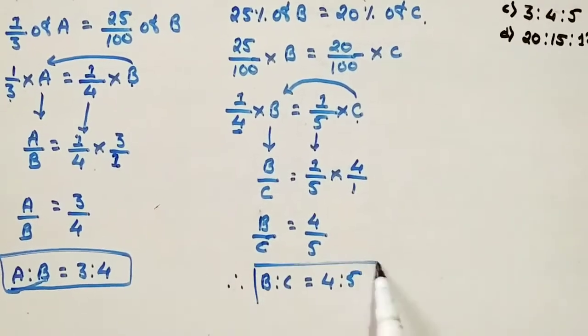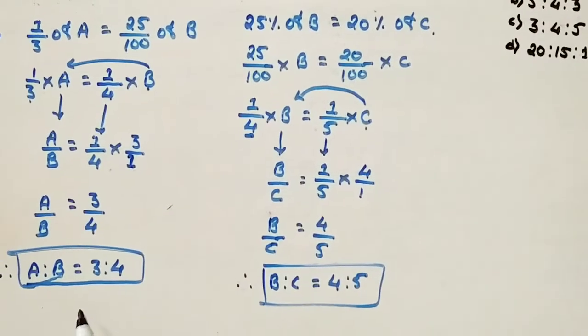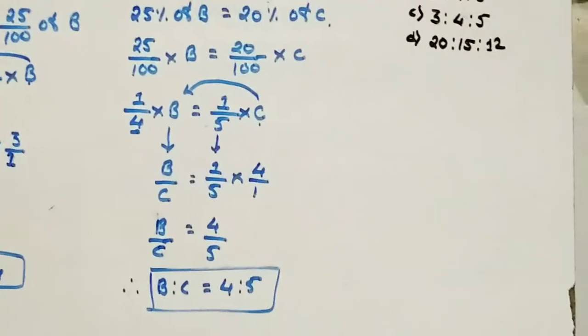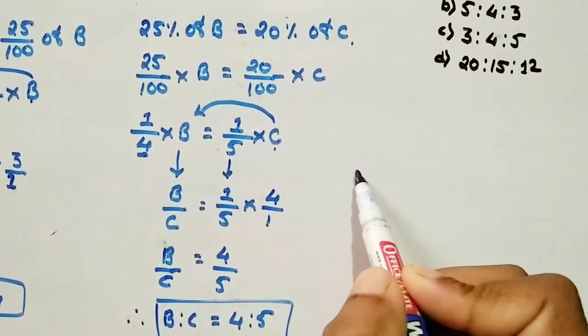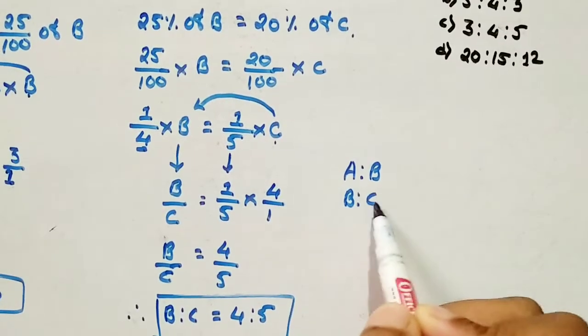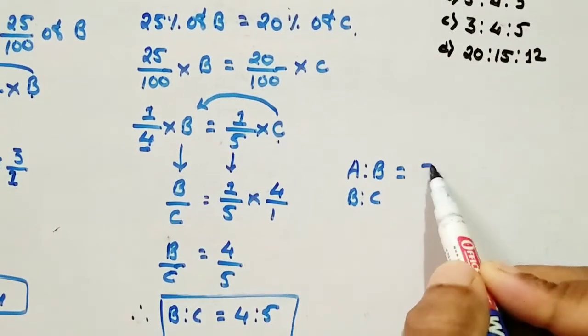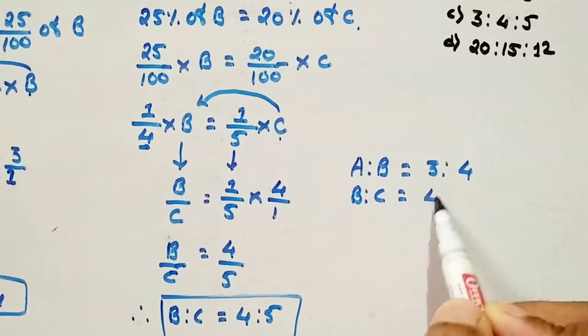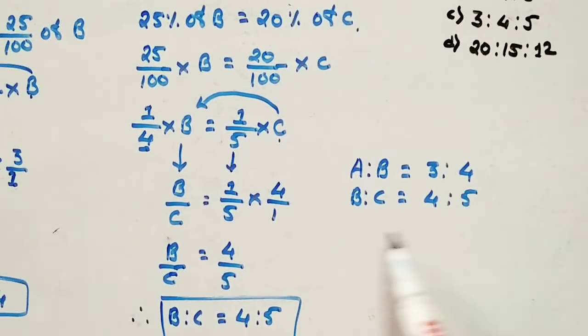So that is the value of B is to C, and that is the value of A is to B. Is this clear? Then A is to B, B is to C. What is the value of A is to B? 3 is to 4 and 4 is to 5.